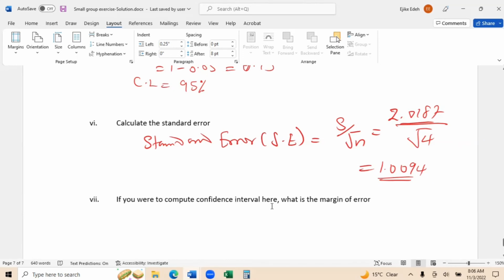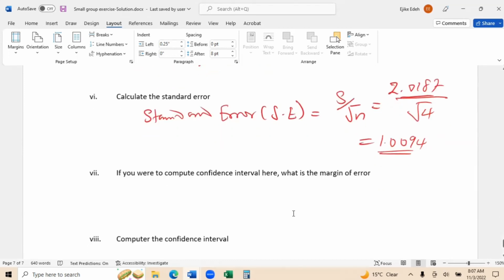If you were to compute the confidence interval here, what is the margin of error? So this is going back again to chapter 7. And if you recall correctly, the margin of error will be equal to T alpha over 2 times the standard error.